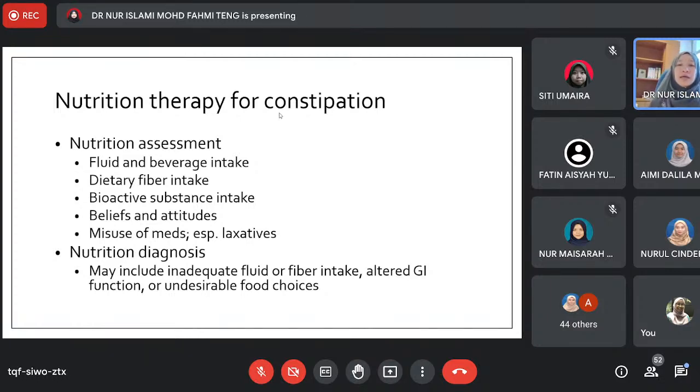So kita tengoklah berapa banyak fluid dia ambil kan. Okay. And then the nutrition diagnosis may include inadequate fluid or fiber intake, or altered GI function or undesirable food choices.